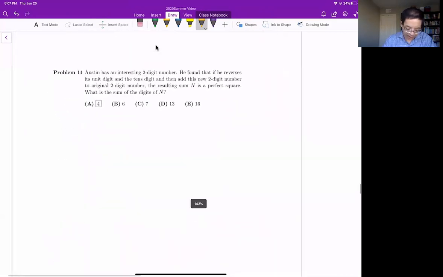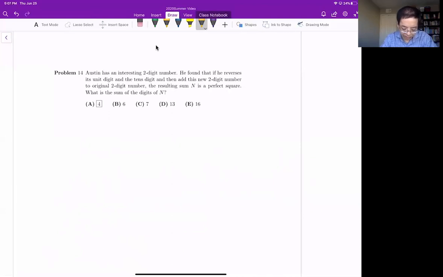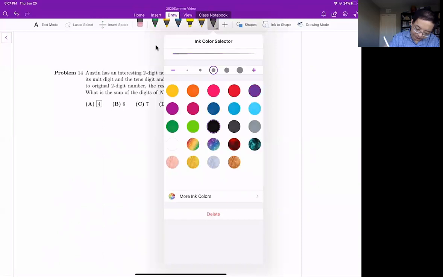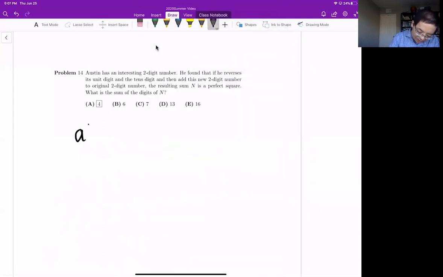Okay, so number 14 says Austin has an interesting 2-digit number. He found that if you reverse the units digit and the tens digit and add them together, you get a perfect square. So let me write down the assumptions. Austin has a 2-digit number AB, and he reversed the two to get BA.